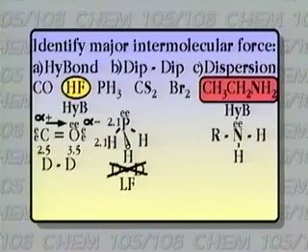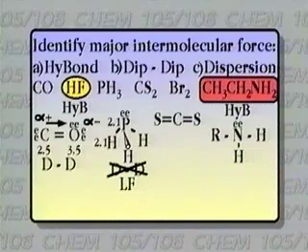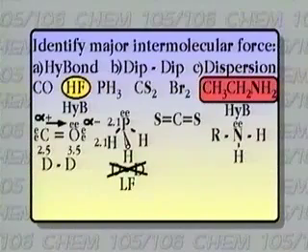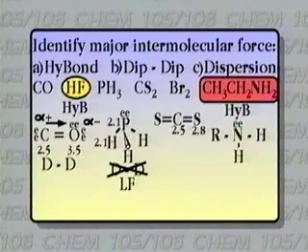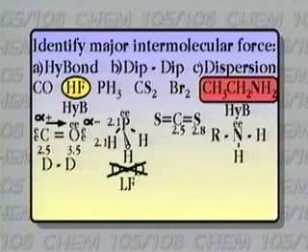What about CS2? Well, CS2 looks like this. Looks like carbon dioxide, CO2. It's a linear molecule. We do have a vector because sulfur's 2.8 and carbon's 2.5. So we would have a vector like that of 0.3.